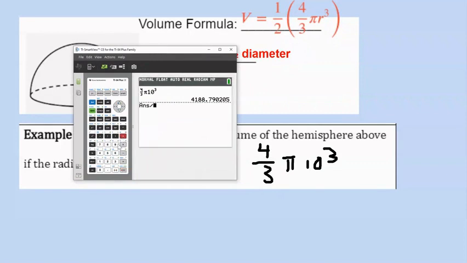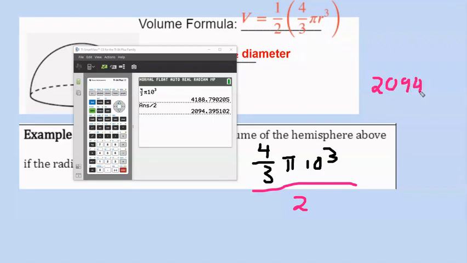And then after that, I would just divide it by 2, and then I get the volume of my hemisphere, which is 2,094.395. I'm just going to go 3 decimal places today.